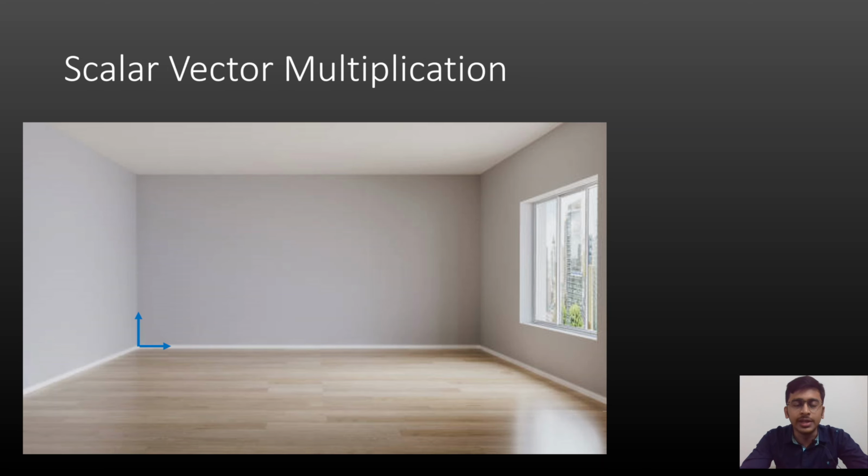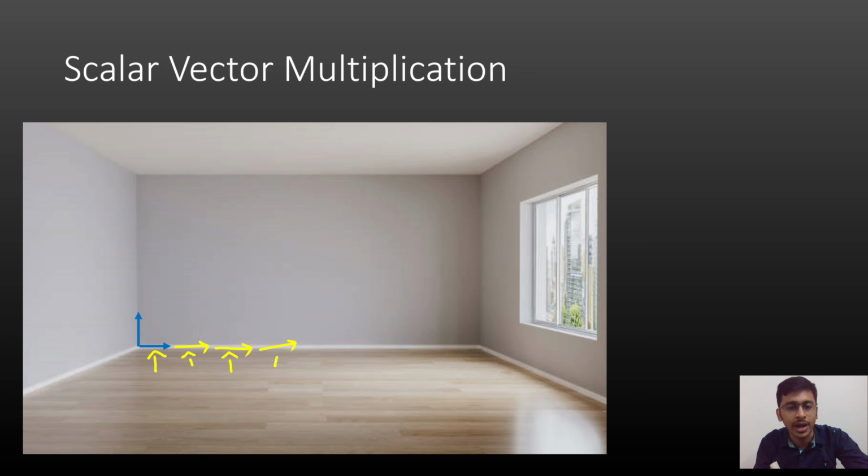So let's understand what scalar vector multiplication is all about. Say this direction is i cap. If I take one more i cap direction here, this will be 2 i cap, correct? If I take one more, there are 3 i caps, so it is 3 i cap.